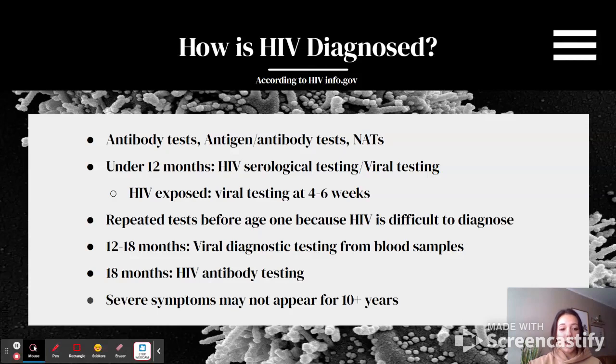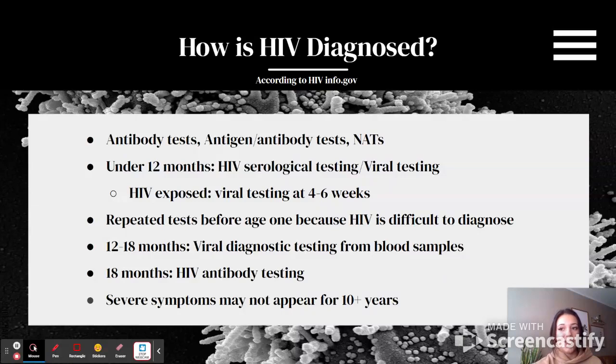So how is HIV diagnosed in children? The disease progression occurs rapidly within the first few months in children who are under 1 year old and who are born with HIV. The child's first appointment within a healthcare facility, before 6 weeks old, should usually be serological testing, in order to determine the HIV exposure status.